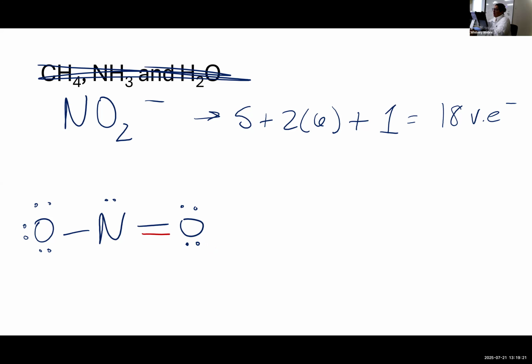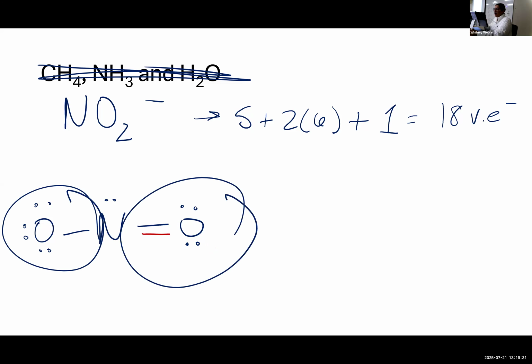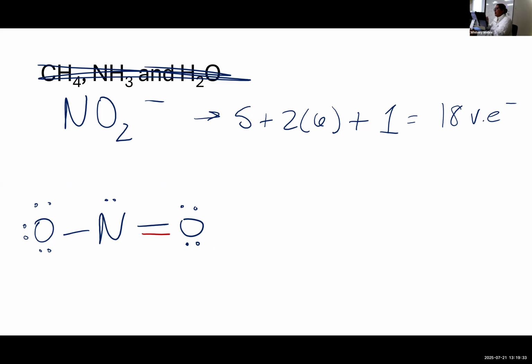But can I make another version of this? Is it possible for this oxygen to have a double bond and this oxygen have a single bond? Yes, so this is an example of a resonance structure because there's more than one option. Remember that you have to put in brackets and put that negative sign.